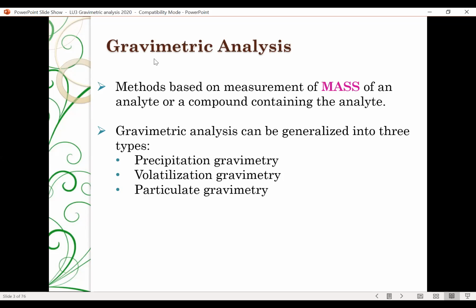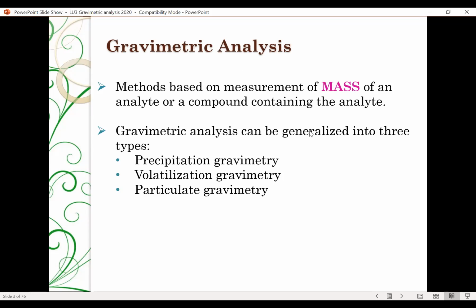It comes from the word gravity. Gravity is related to weight, and weight is also called mass. That's why it's called gravimetric analysis. It involves the determination of the mass of your analyte or compound containing your analyte, which can be calculated later to gain information on the mass of your analyte.